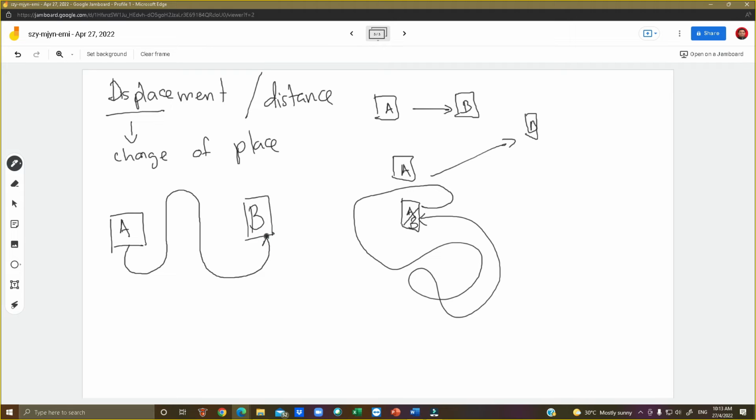If you measure all of this curve, this is known as distance. Linear distance. But if we talk about displacement, we want to know how much displace occurs. So displacement is actually a straight line from point A to point B. The shortest route, a straight line, that is displacement.